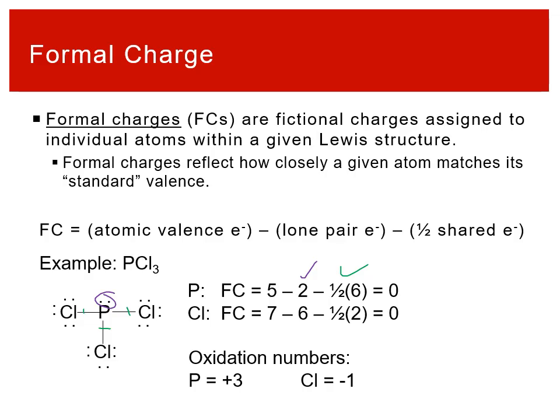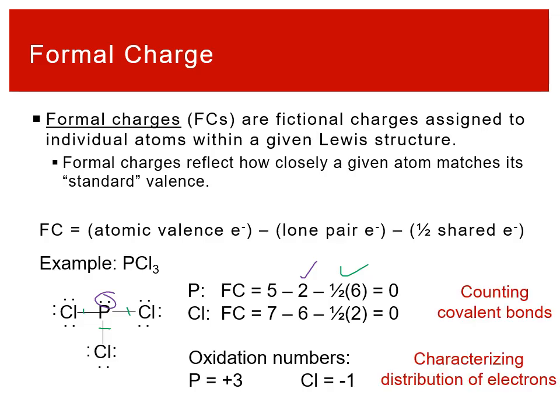You will notice this is different than oxidation numbers. Oxidation numbers are a similar idea of assigning charges to atoms in a molecule, but it's a different idea. There you're actually trying to assign electrons, whereas the idea here is just counting covalent bonds. How many covalent bonds is this atom in? How many lone pairs does it have?